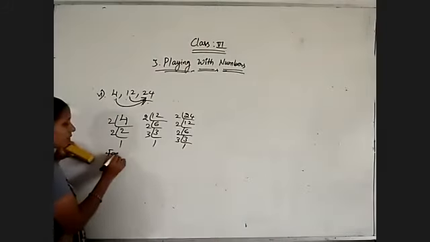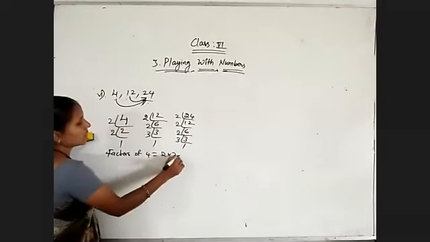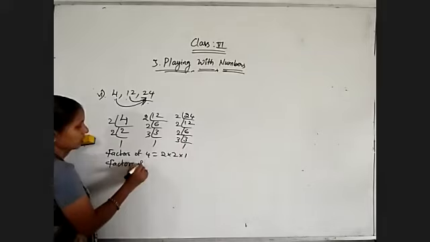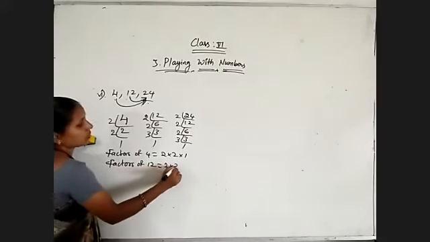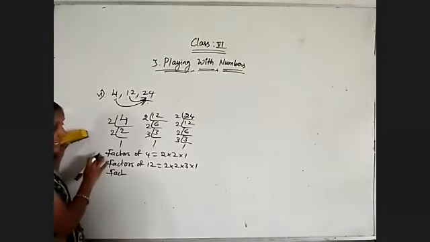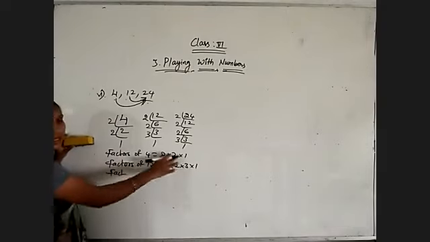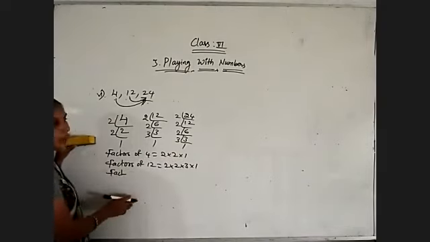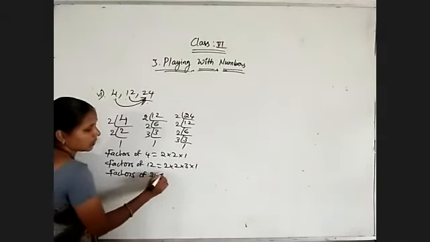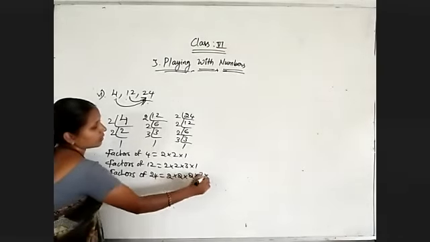Factors of 4 is equal to 2 into 2 into 1, factors of 12 is equal to 2 into 2 into 3 into 1, and factors of 24 is equal to 2 into 2 into 2 into 3 into 1. Remember, here I am writing factors. Yesterday I wrote prime factors, that's why I did not write 1, because 1 is not a prime number.